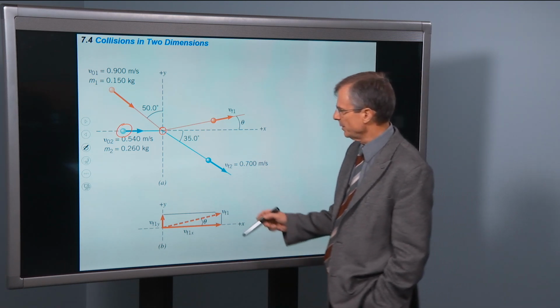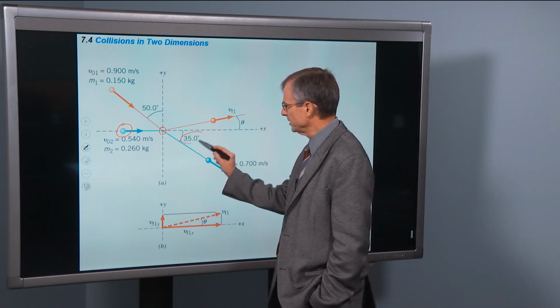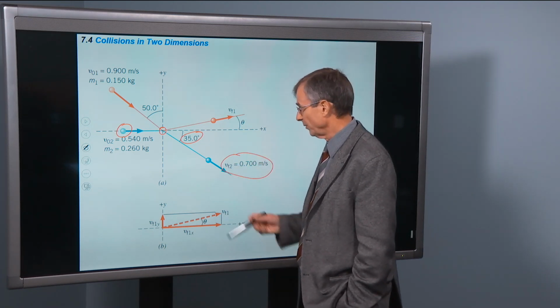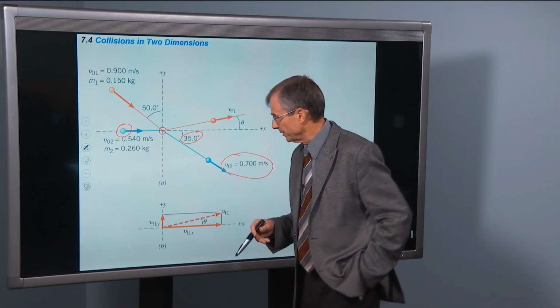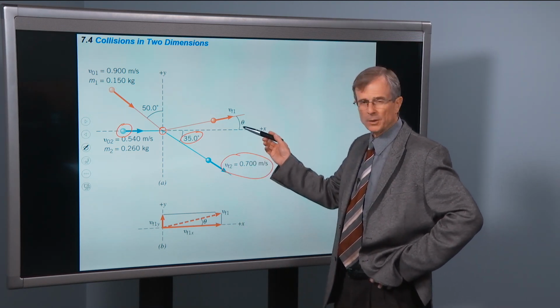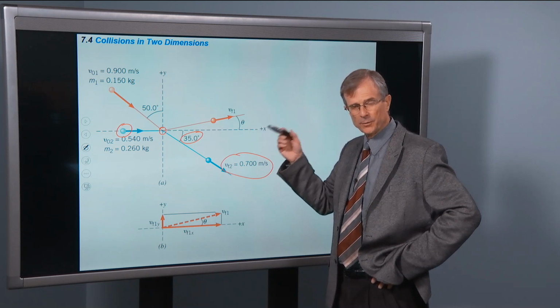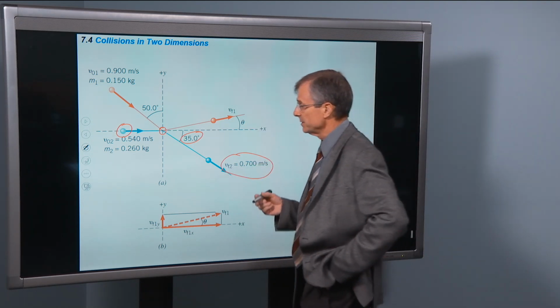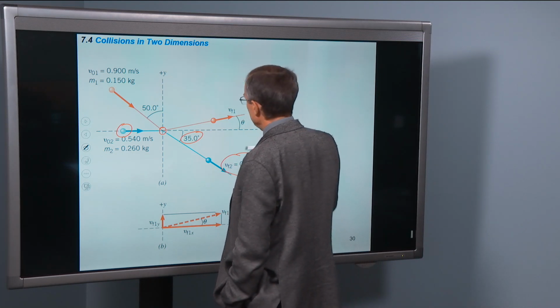And let's suppose you were able to measure the direction and the velocity of one of the balls, and you wanted to know what the velocity, direction, and magnitude of the other ball is. You can do that using conservation of momentum.